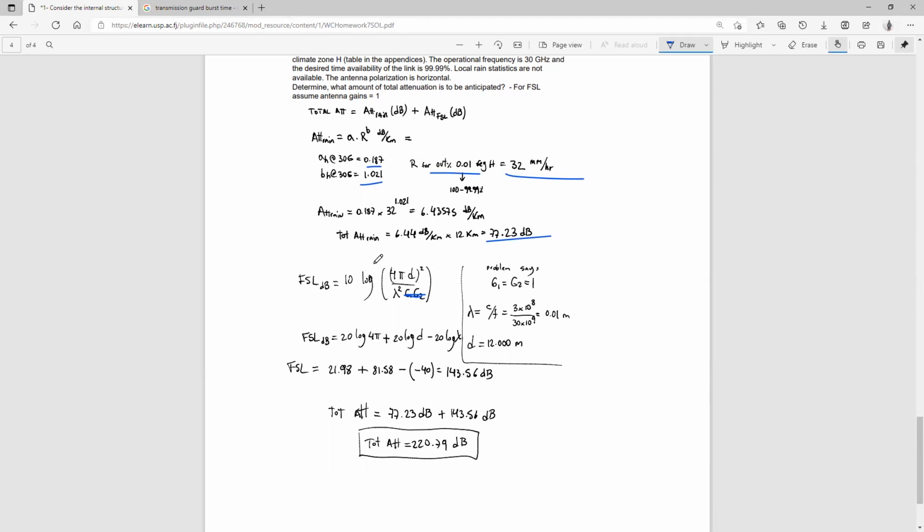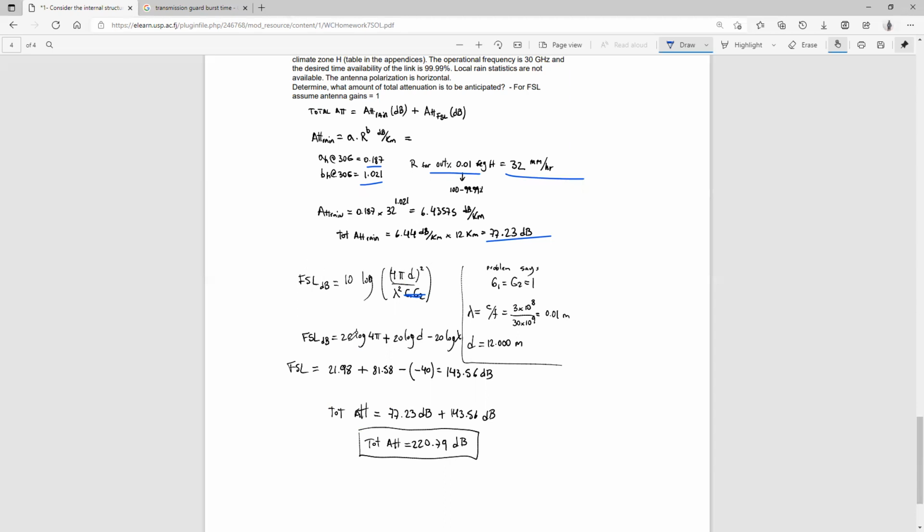So it is basically 1, and 1 times lambda squared will be just lambda squared. Now, using the logarithmic properties, we can expand it in terms of addition and subtraction. If we are multiplying two variables, it will become 10 log of one variable plus 10 log of the other variable. If we are dividing, it is 10 log of the one variable minus 10 log of the other. So basically using the logarithmic property. I believe all of you must know that by now. If it's a power, you take this 2 and multiply it with the base over here, and it comes in front.